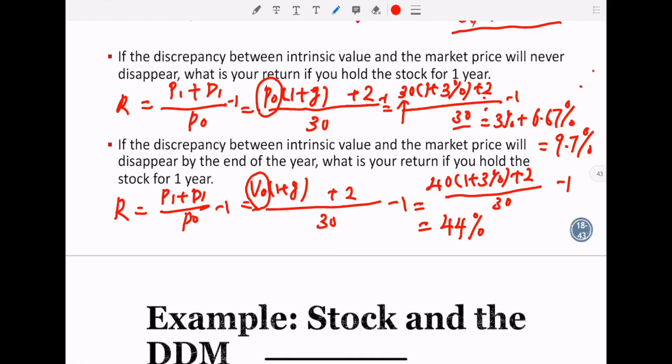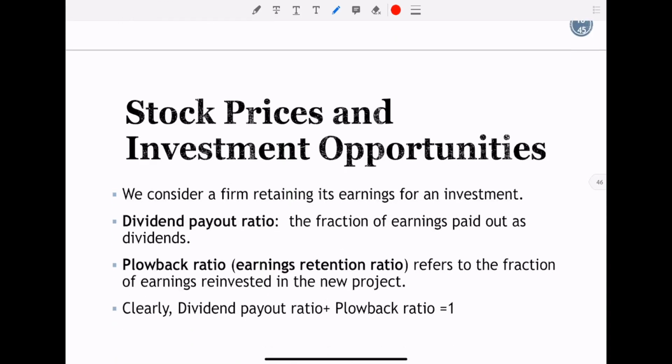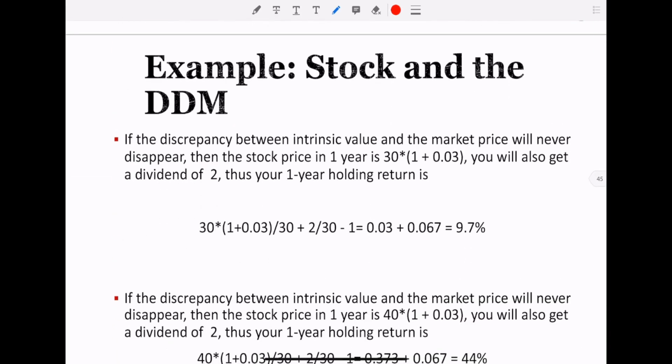In the case of no convergence, the return is relatively small. And if the market price catches up to the intrinsic value, then you will be the lucky investor to get this very high return of 44%. Okay, that's for today's class.